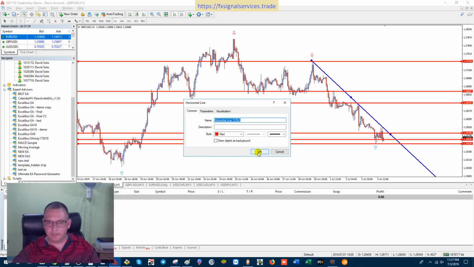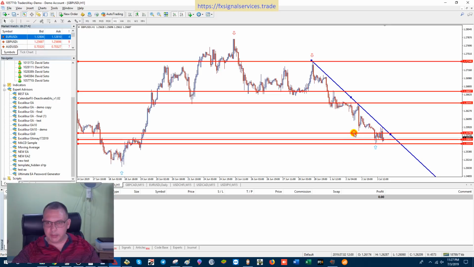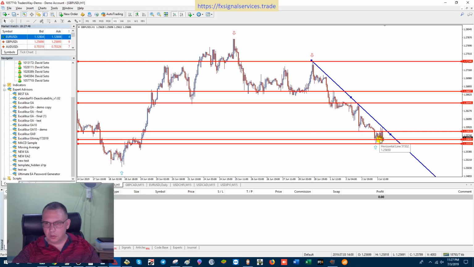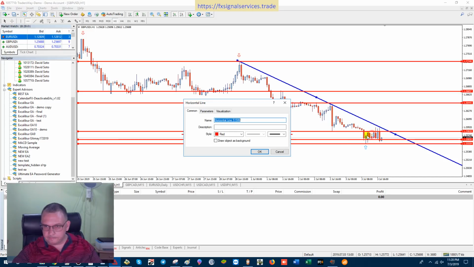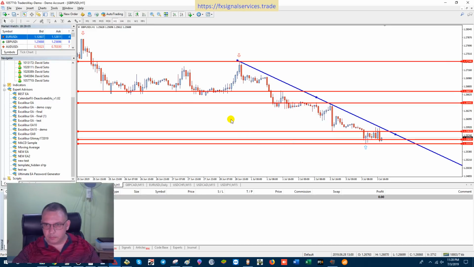I might take this one and drag it up a little bit. I'm trying to see if there's a point in between. If I zoom in a bit, we see a point right here in the middle. I don't really like that one.